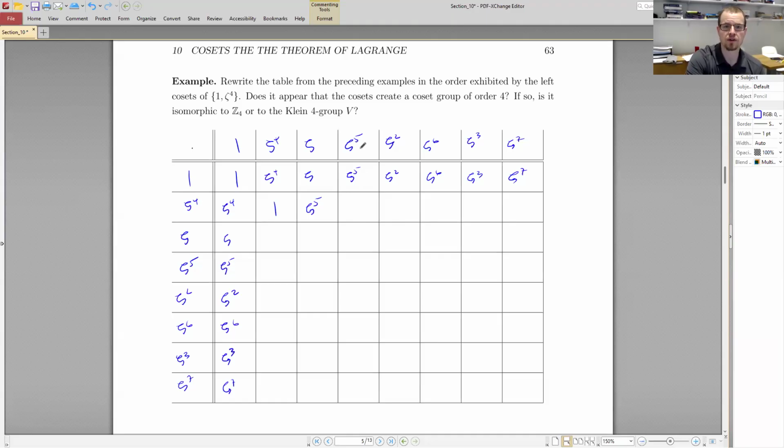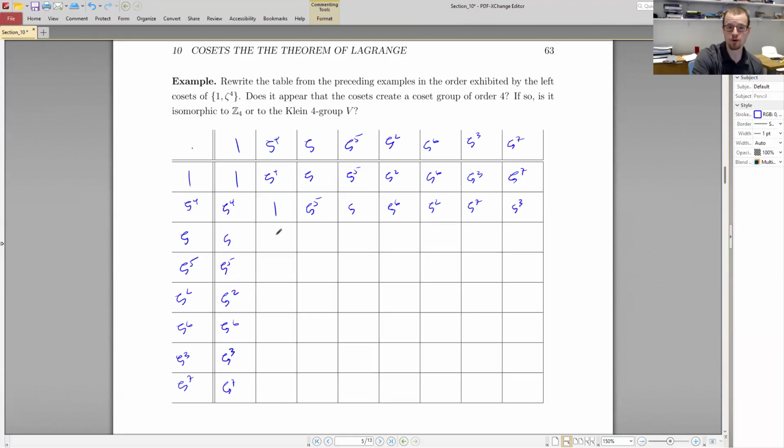So adding 4 here, 5 plus 4 gives us 9, mod 8 is 1. 4 plus 2 is 6, mod 8 is still 6. 4 plus 6 is 10, mod 8 is 2. 4 plus 3 is 7, mod 8 is still 7. 4 plus 7 is 11, mod 8, that's 3.